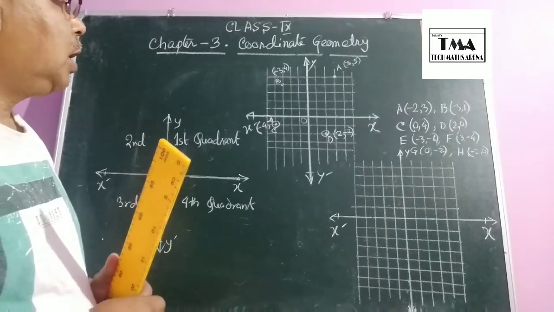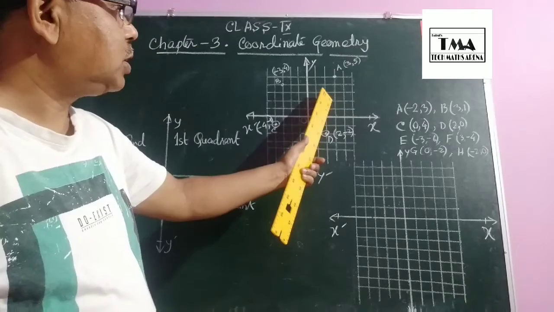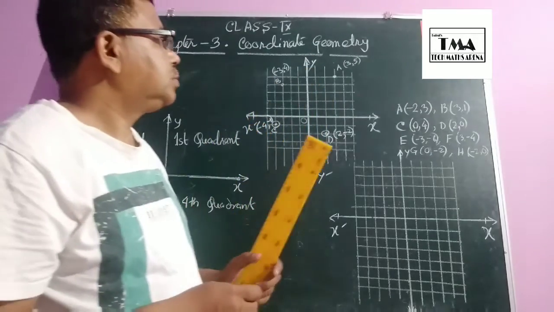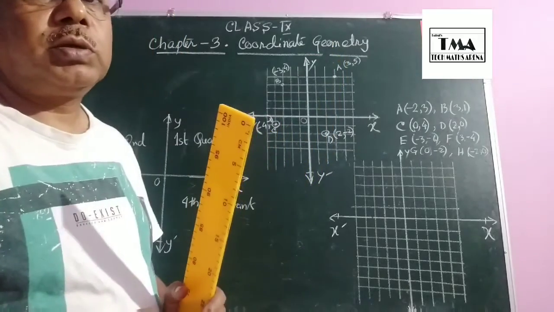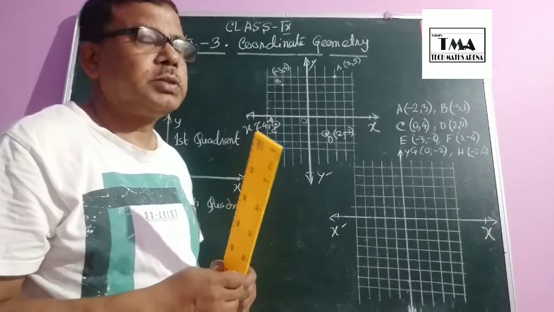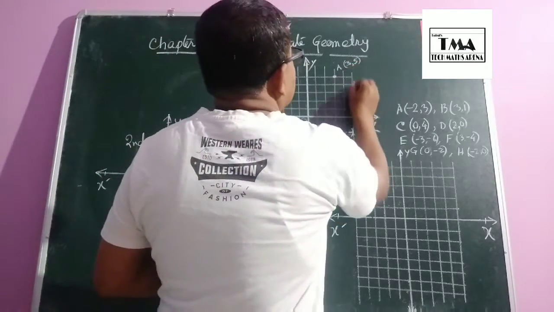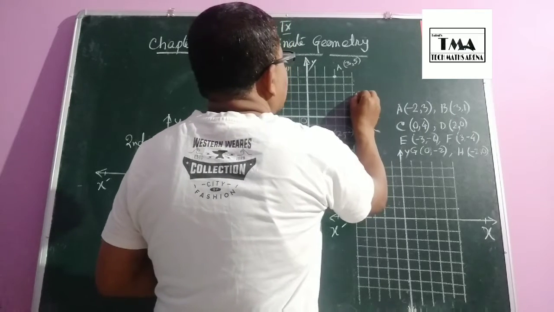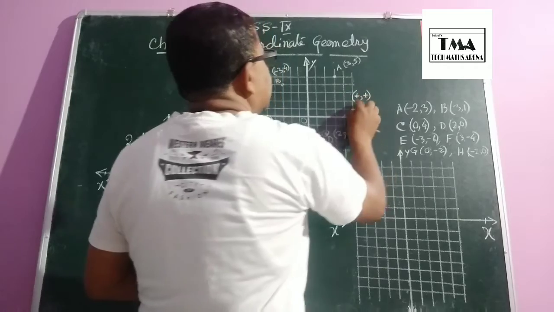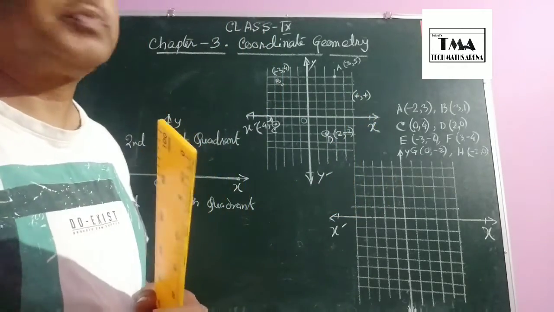Okay, here we have seen that in the first quadrant, if we describe the point only by the convention of signs, it is (+, +), meaning x coordinate positive and y coordinate positive.